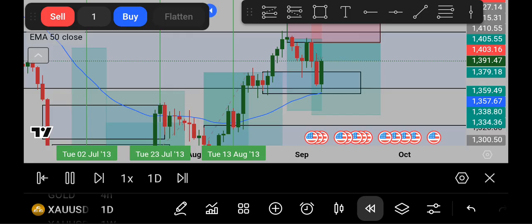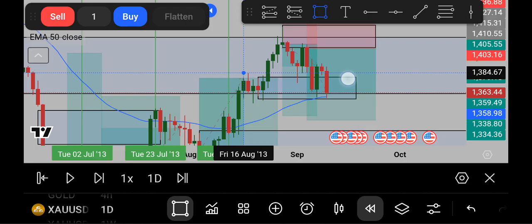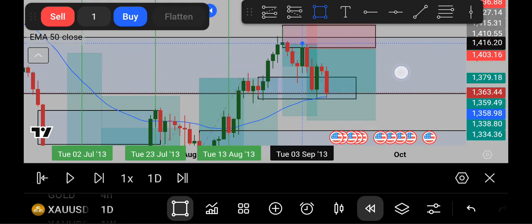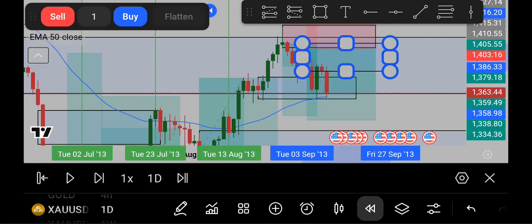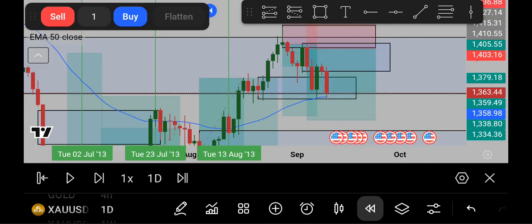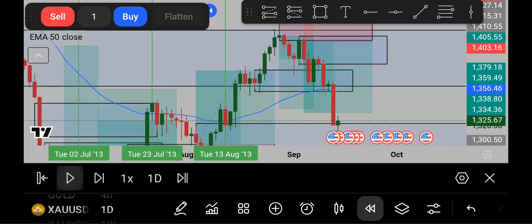Just as I predicted, the market came back again. If you are following the current market price, the market does not do any magic. What do you see? This high made the low to the downside, and what does the market do? The market comes there to retrace again and then goes back to the downside again. So let's see. Sharp.